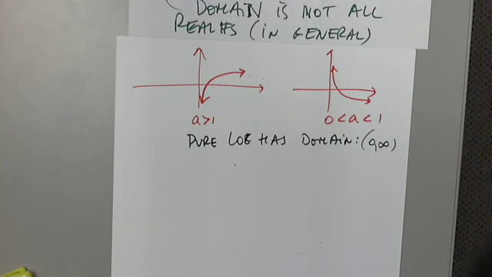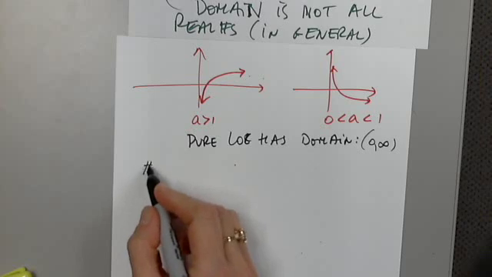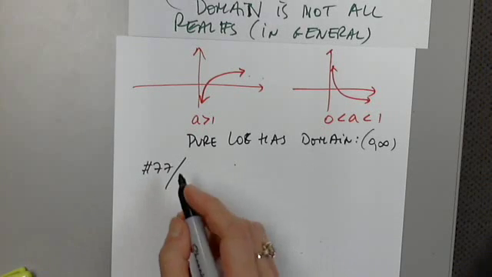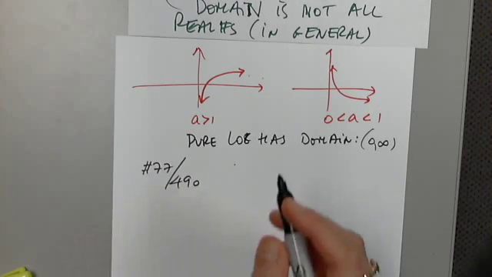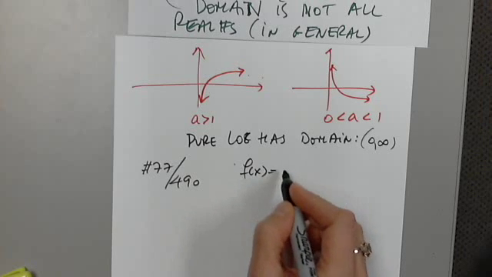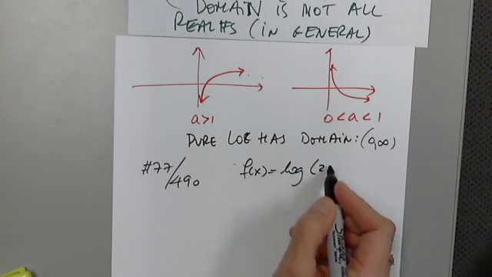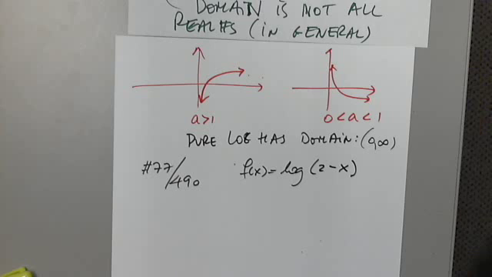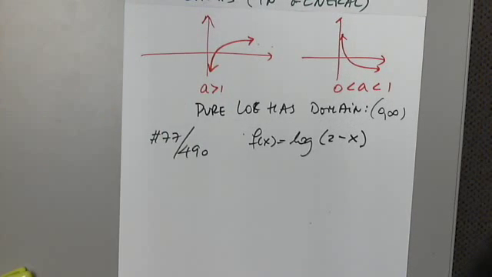So let's find the domain for a function in number 77 on page 490. F of x equals log of 2 minus x. The question is only asking us to find the domain. We are not doing anything to the function. We have to state something, solve that, and then find the domain.